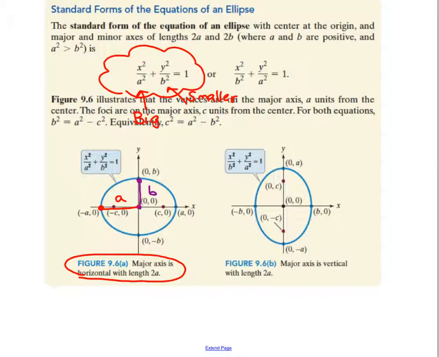Then, along the major axes, from the center is a distance c, which we're going to find in a little bit, is your foci distance. How you find this distance c, right here in the green, is by this equation: a squared minus b squared, and then you would square root it. So like say it was like the opposite of Pythagorean theorem.